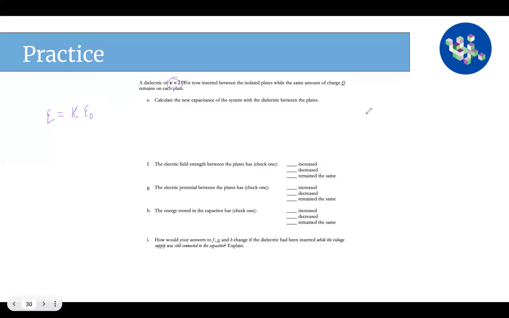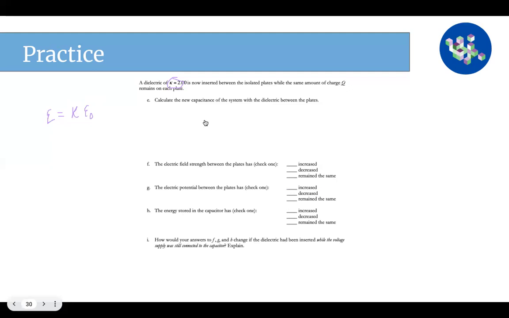Calculate the new capacitance of the system with the dielectric between the two plates. Electric field strength as what? Electric potential, energy. How would your answers to F, G, E change if the dielectric had been inserted while the voltage supply was still connected to the capacitor?